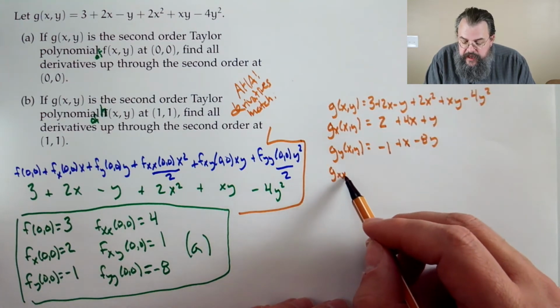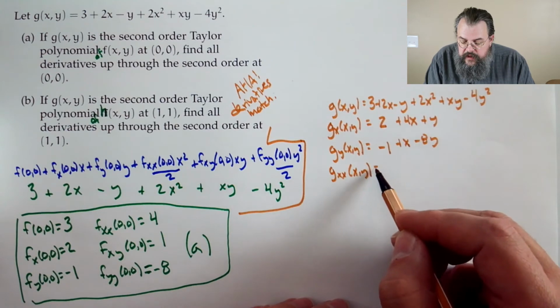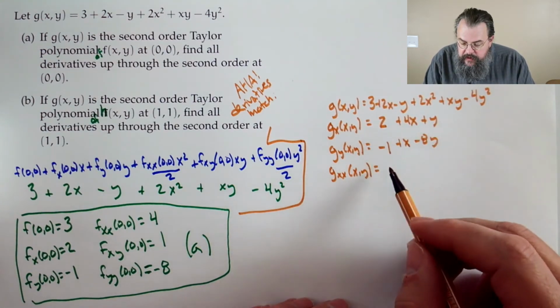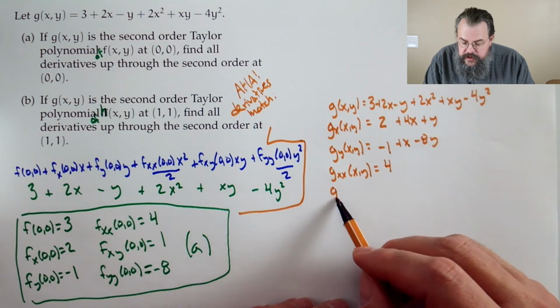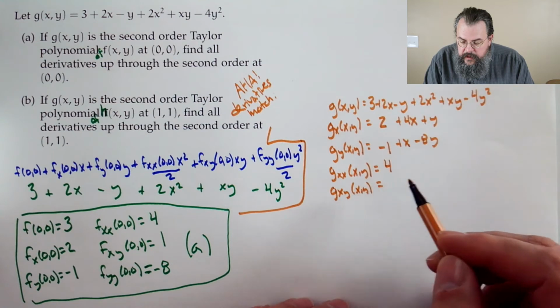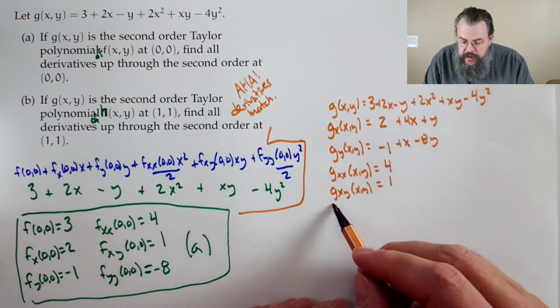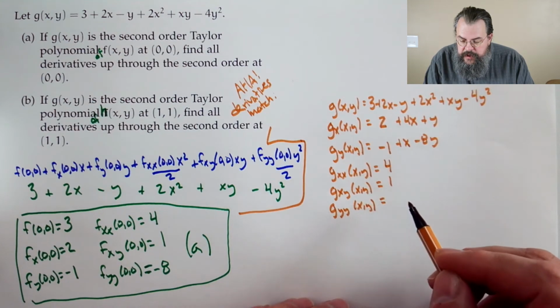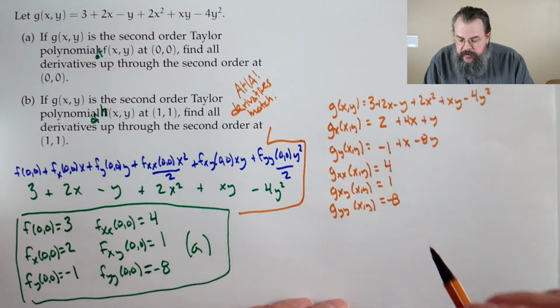G sub xx will be 4, g sub xy will be 1, and g sub yy will be minus 8.